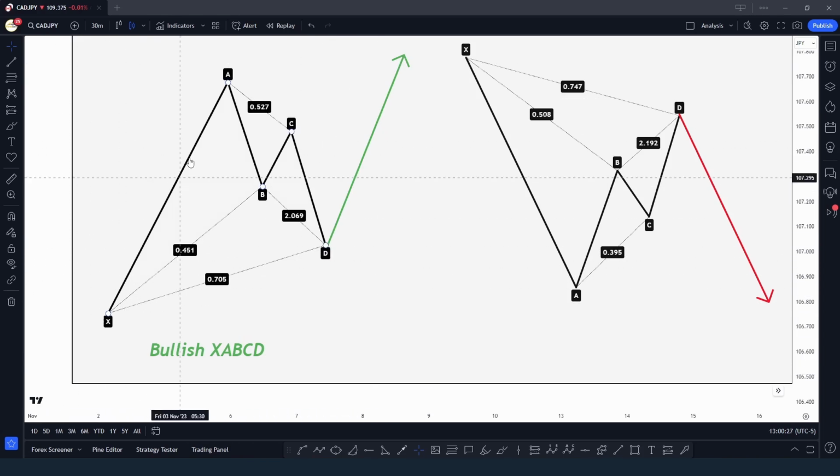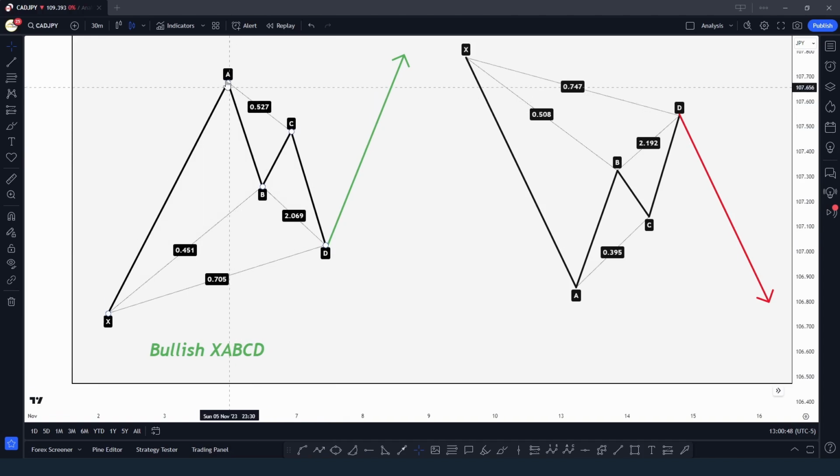The thing that you should keep in mind is this XA wave should always be the largest wave in this XABCD pattern, and this AB and CD wave can be of equal length, or they can be a little bit smaller or bigger compared to each other as well.